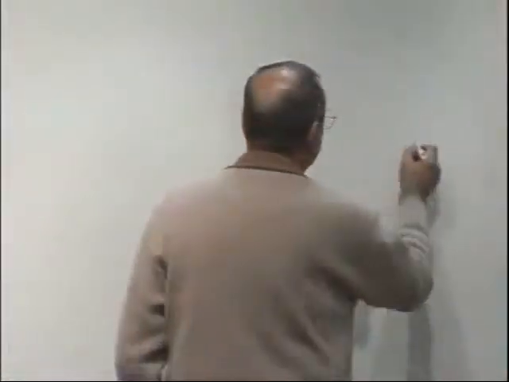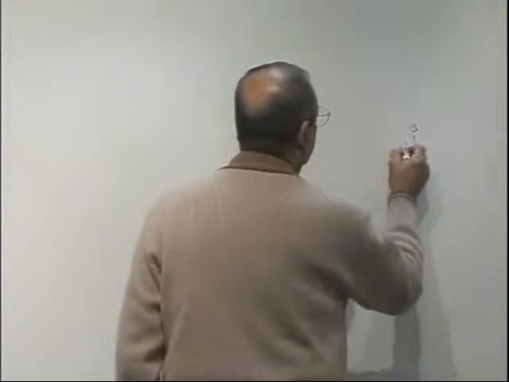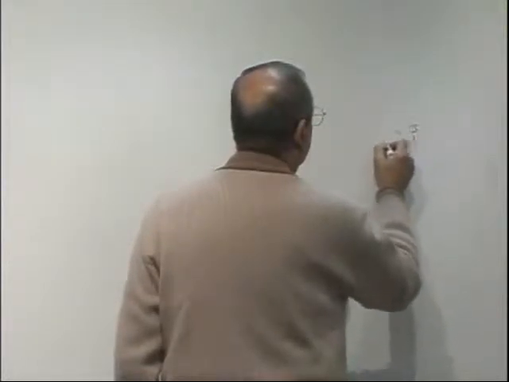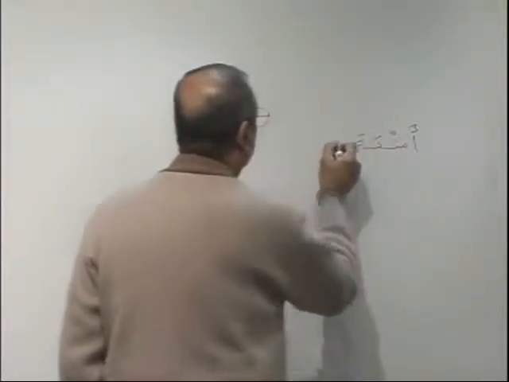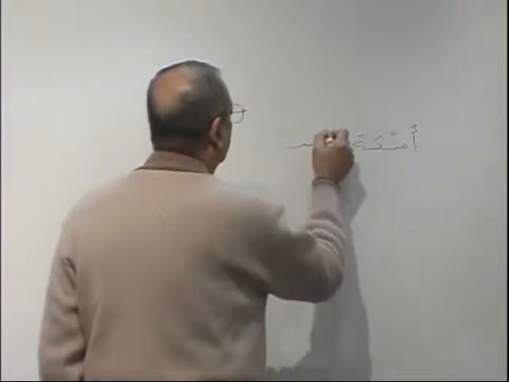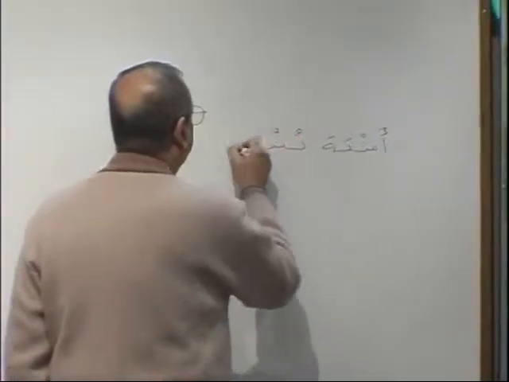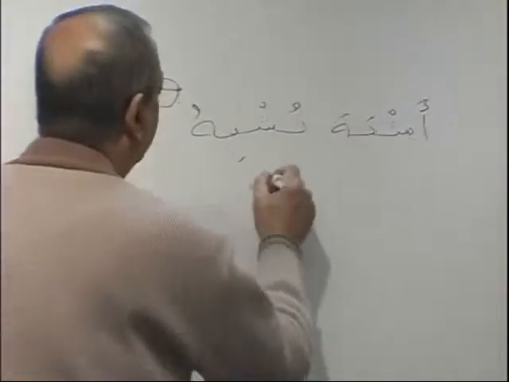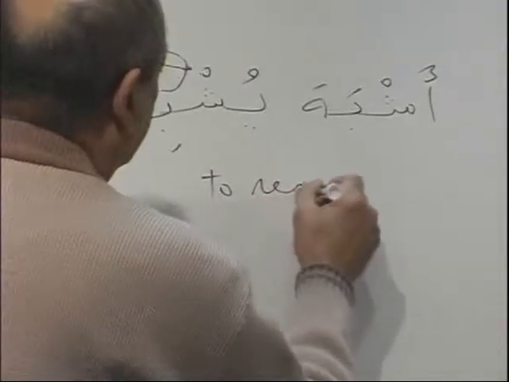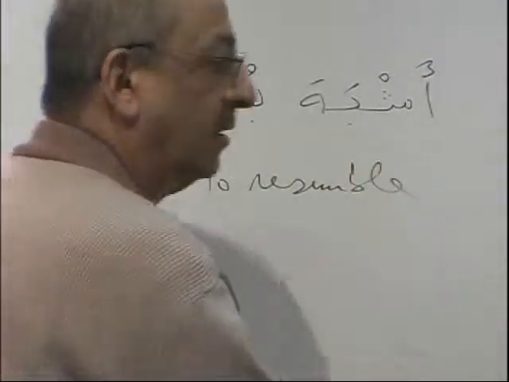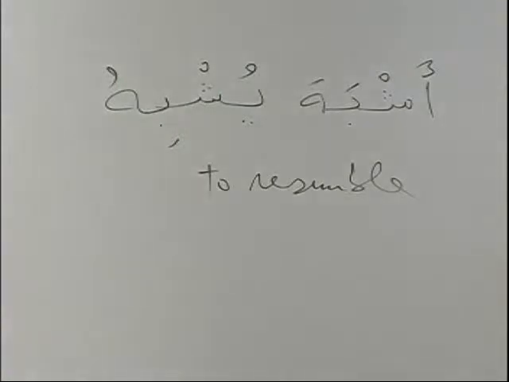I'm going to write a lot of things on the board. Inshallah, follow me, brothers and sisters. Ashbaha, yushbihu, to resemble. Okay? Are you with me, brothers and sisters? Look alike.